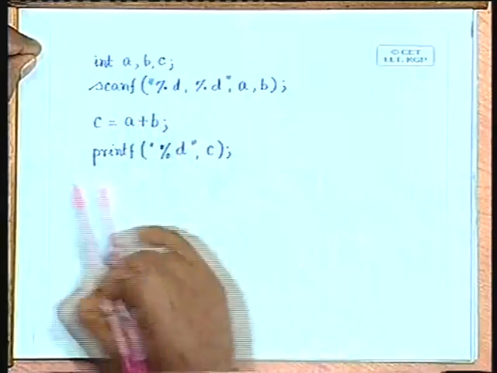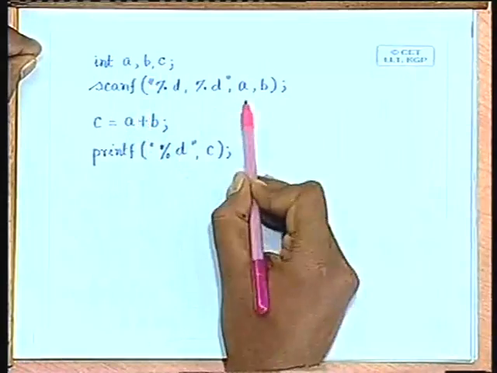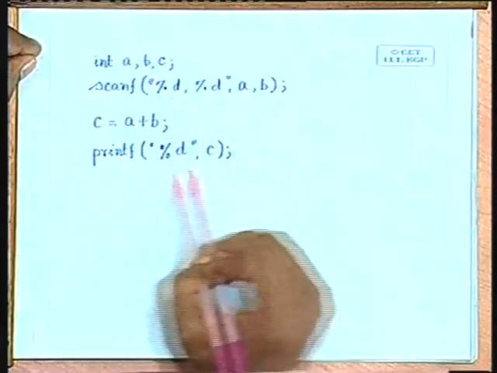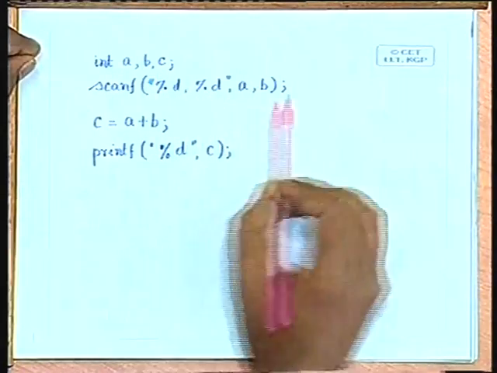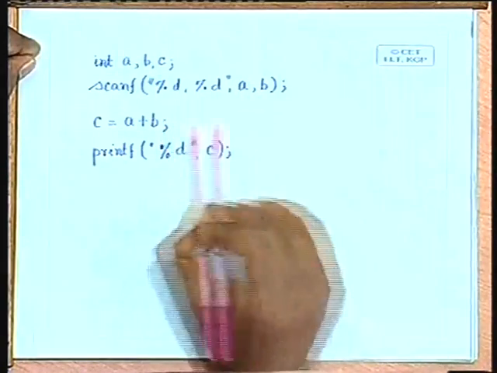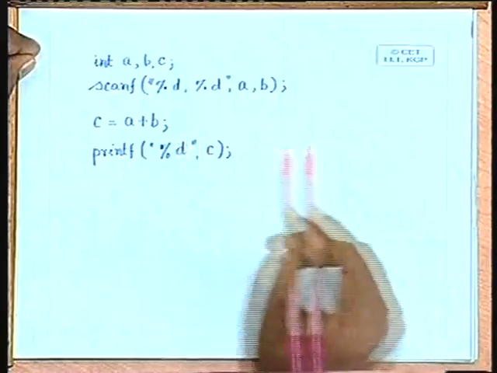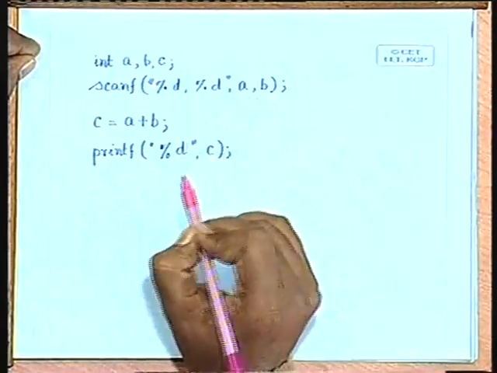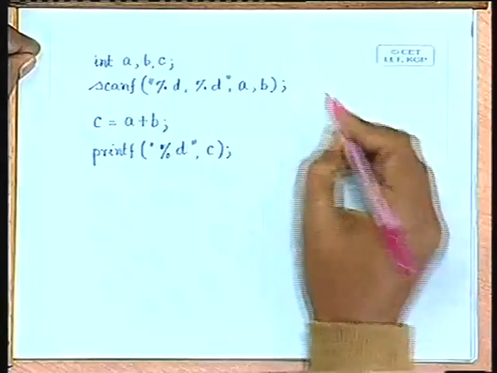The first operation that is done is scanf %d %d. This just tells you the format of the data which will be read in, and the variable names are A and B. If I convert this to assembly level instructions, this particular high level instruction will be converted to a form like this.